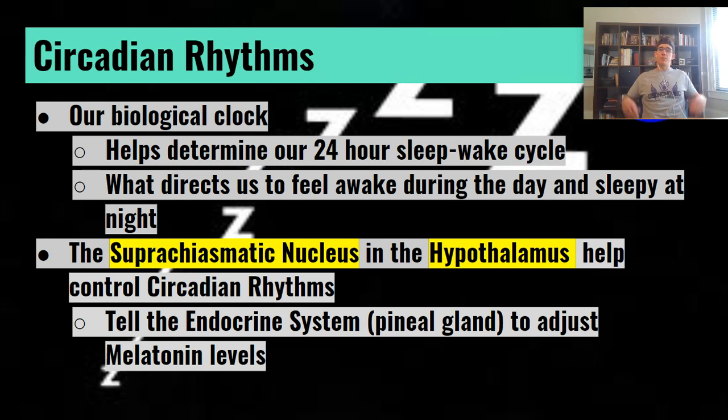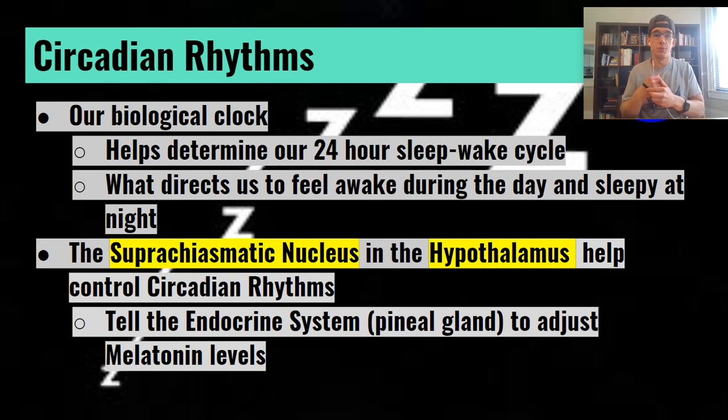Most teenagers' biological clock is set later in the day than older people and younger people. So your circadian rhythm is your biological clock that helps determine your 24-hour sleep-wake cycle. And this is what directs us to feel awake during the day and sleepy at night. So I think AP might throw something like this on a prompt referencing how kids are adjusting to new schedules without being in school.